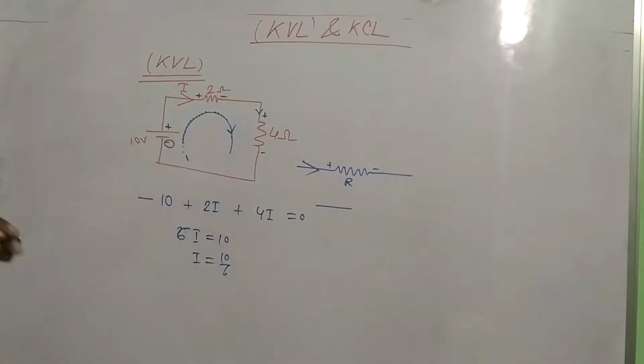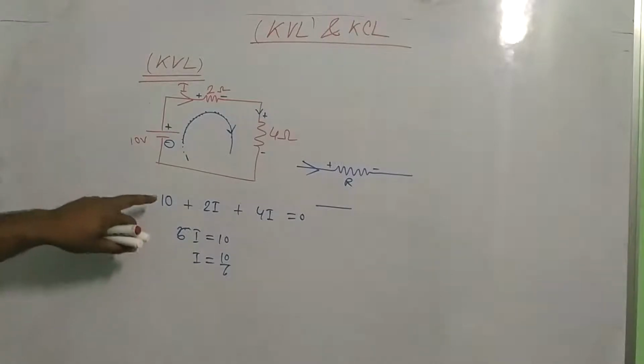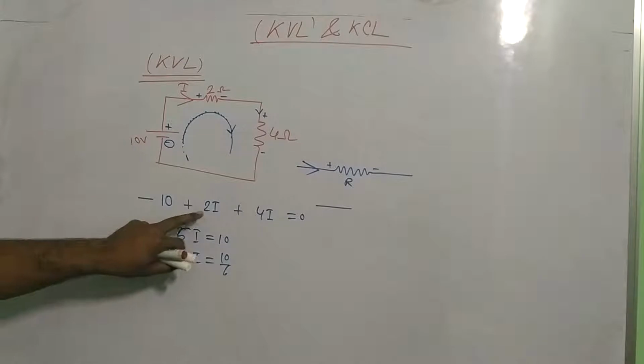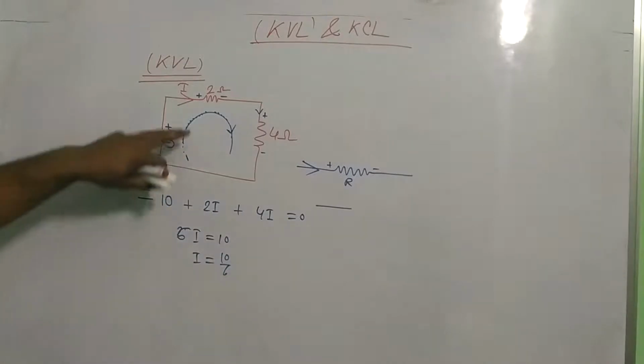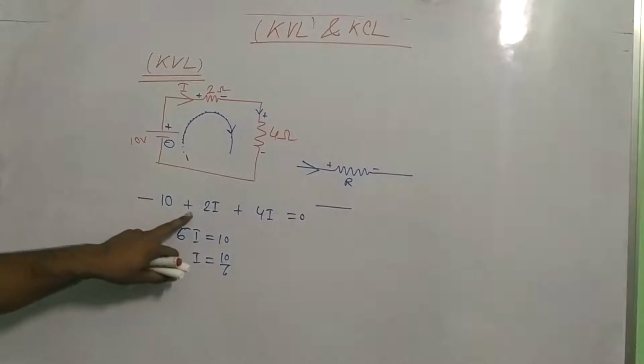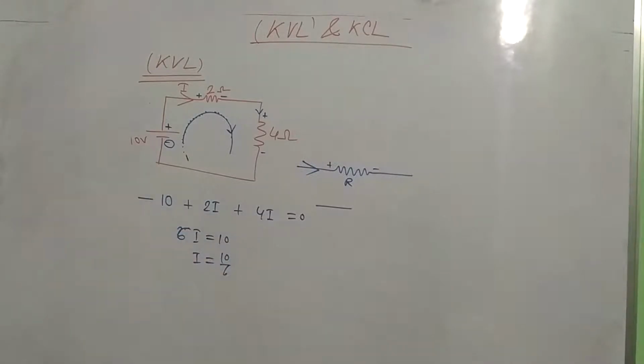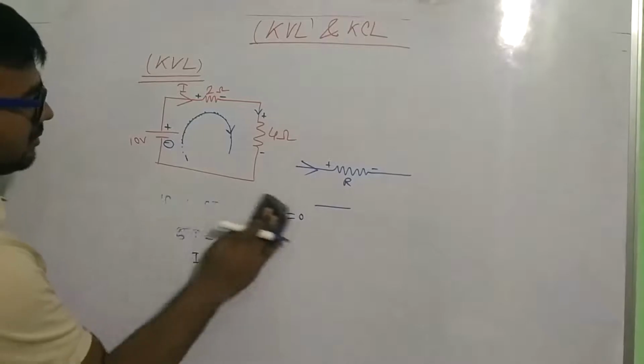So in a closed path, how to apply KVL? When applying KVL, I always take the first sign. The first sign is negative, then positive, then positive. Now I am taking another example.